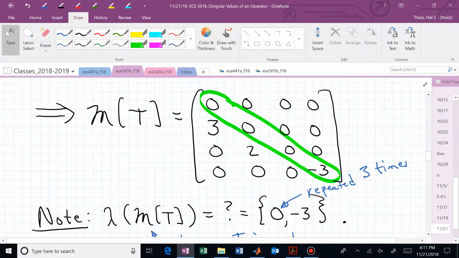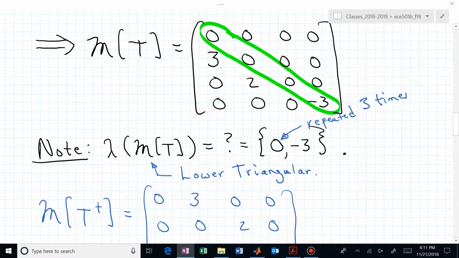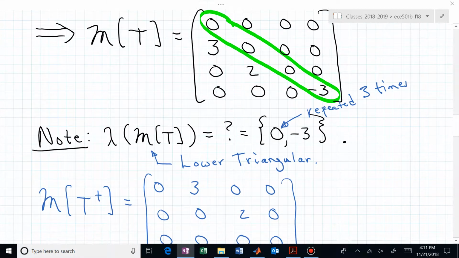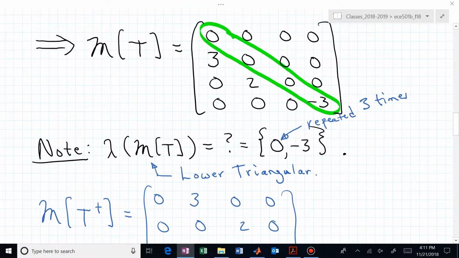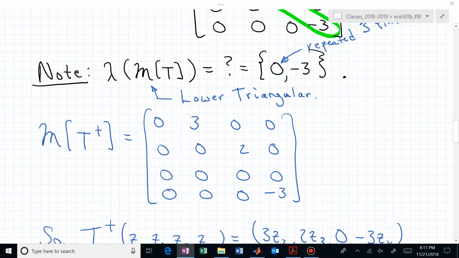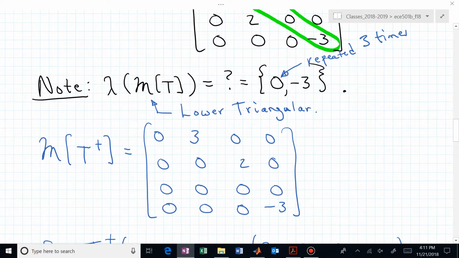From this matrix representation of T, and since we're dealing with the standard basis, which is an orthonormal basis, we can find the matrix representation of the adjoint of T, and that's just going to be the transpose of this matrix representation, which becomes the following matrix.